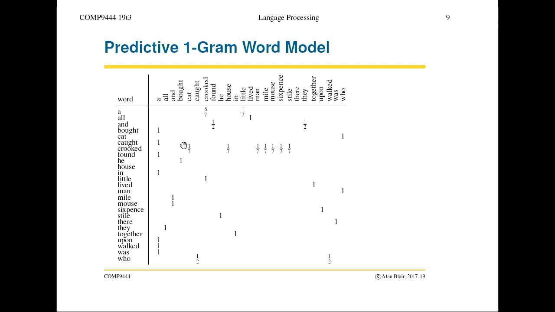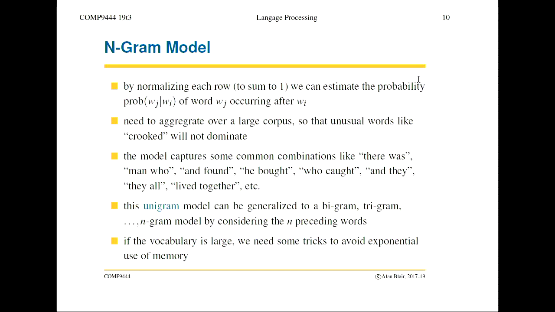After the word crooked, there's equal likelihood that the word will be cat, house, man, mile, mouse, sixpence, or style. After the word lived, the next word must be together. So this gives you a probabilistic prediction model. We normalize every row to sum to 1.